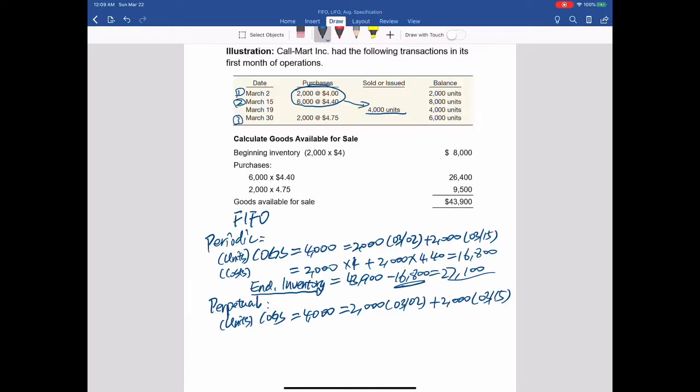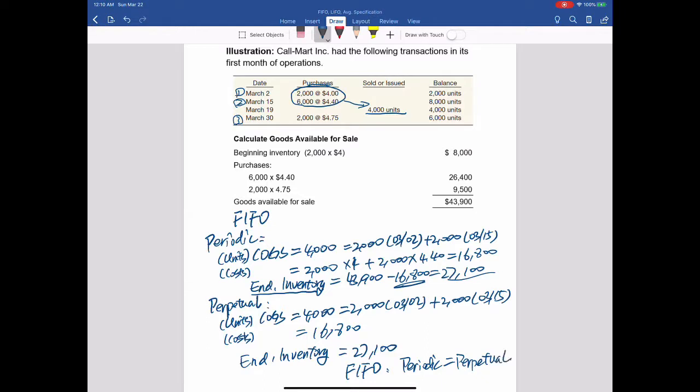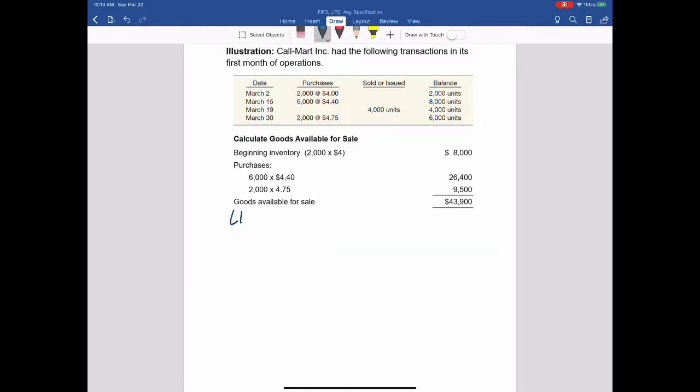And actually we get the same results. Okay, the cost will be 16,800. Also, end inventory $27,100. So we can conclude, when the firm use FIFO, the periodic and perpetual are equivalent.